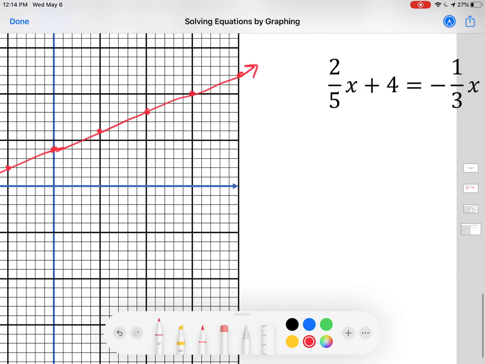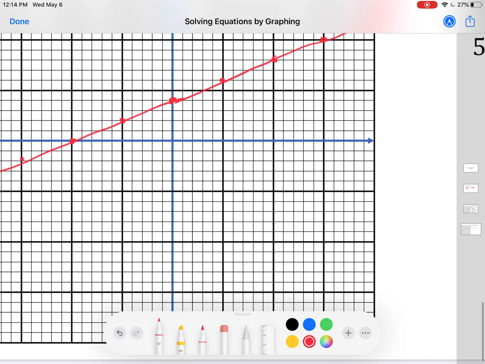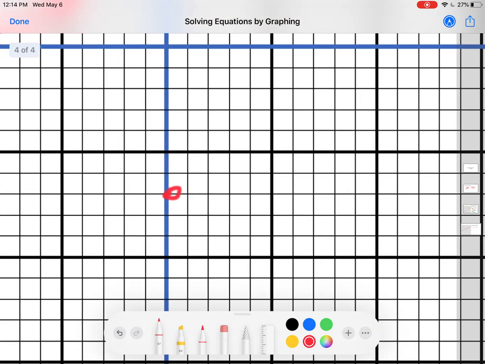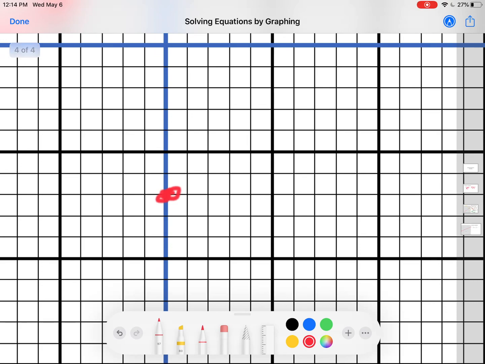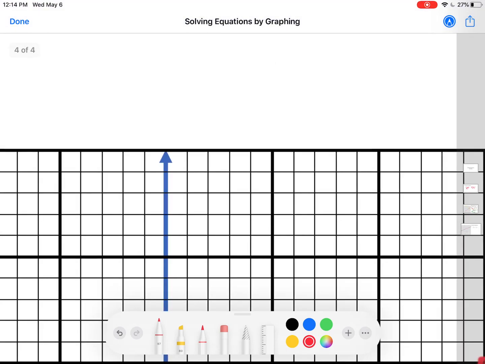Negative 7, negative 1/3. So negative 7, negative 1/3 means 3 and 1. And down instead of up because it's negative 1/3. Right is positive, down is negative. That makes it negative.